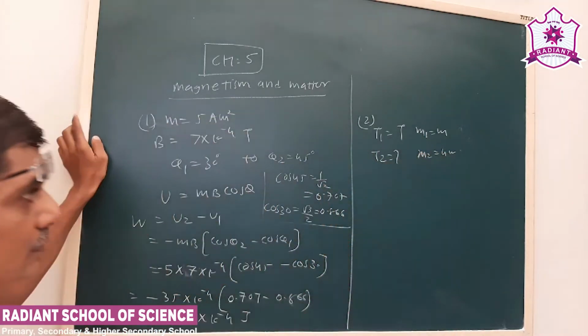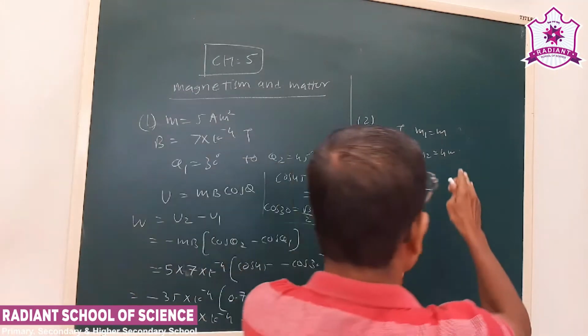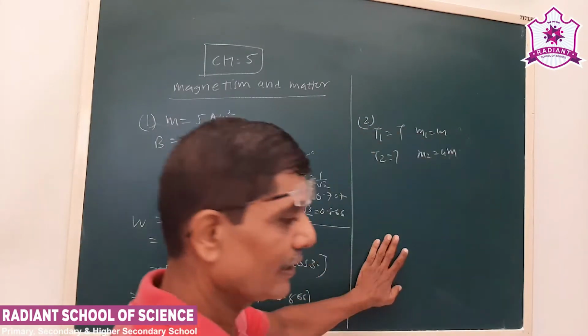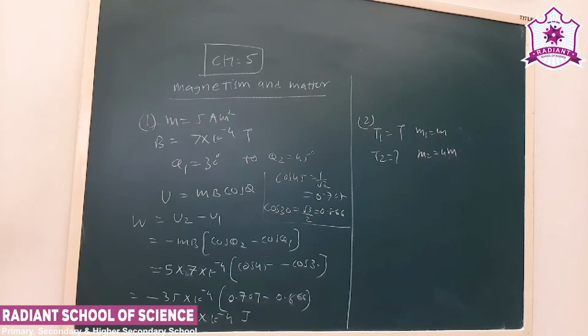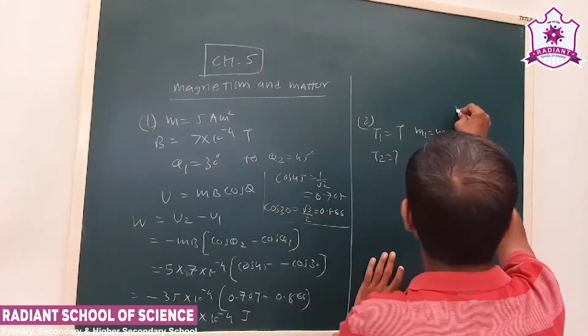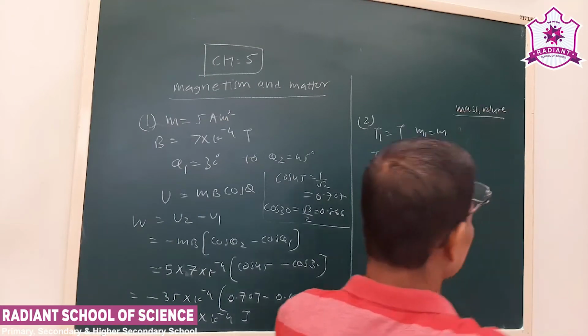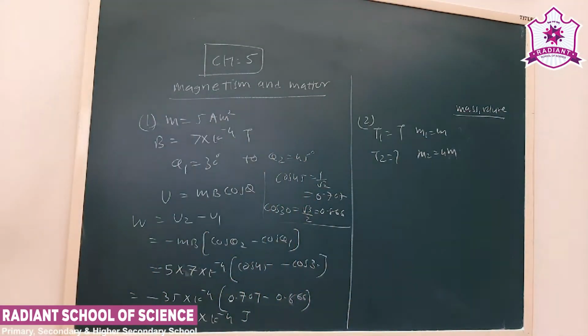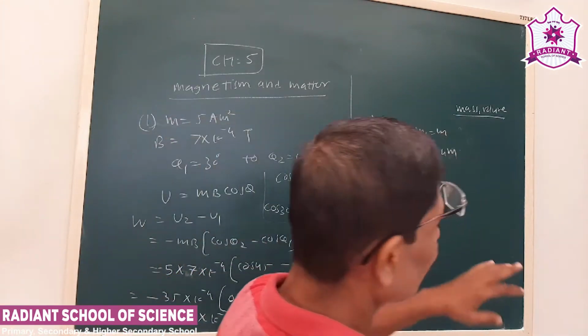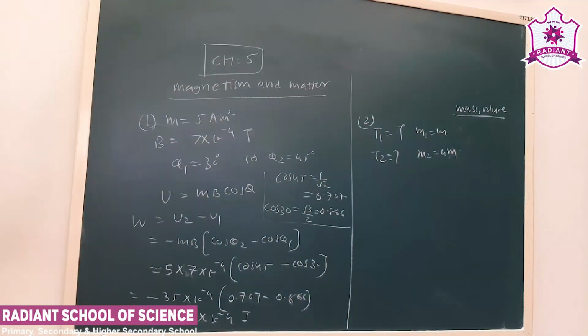What will be the periodic time of this another magnet? Because of the magnetic property, let us say the dipole moment is 4 times. So what is the new periodic time?